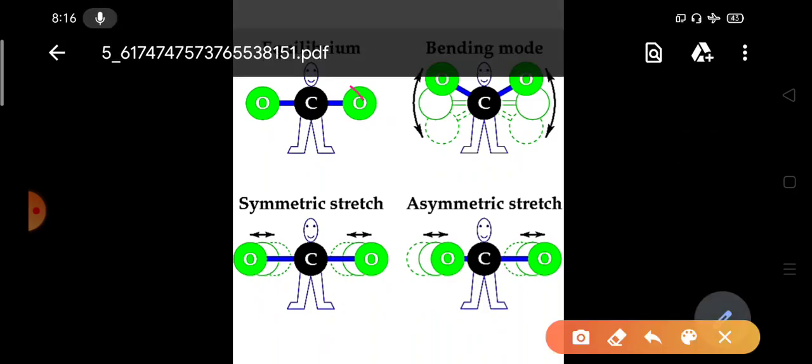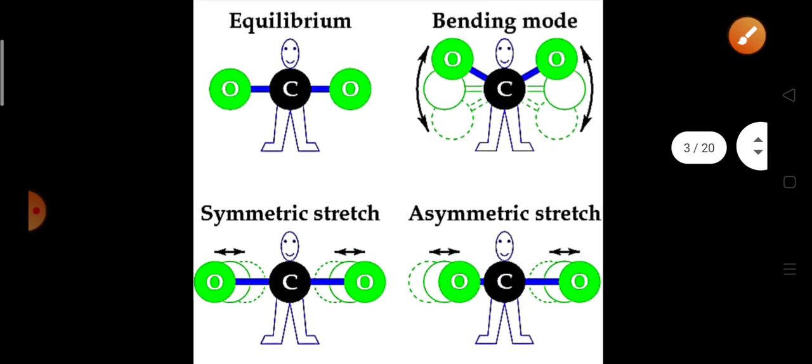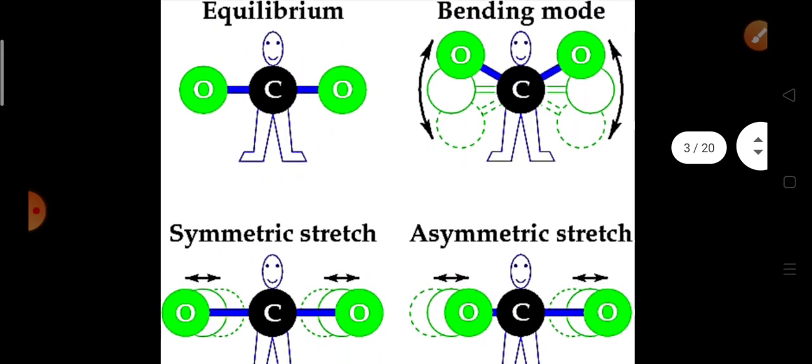There are some bending modes, some stretching modes, some asymmetric stretching modes, and due to these different modes they occupy different energy levels, and if you excite those energy levels, you get a spectrum that lies within the IR region.